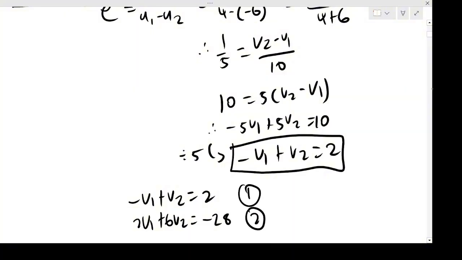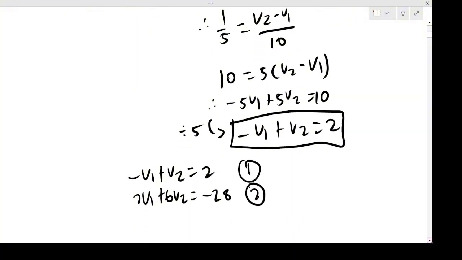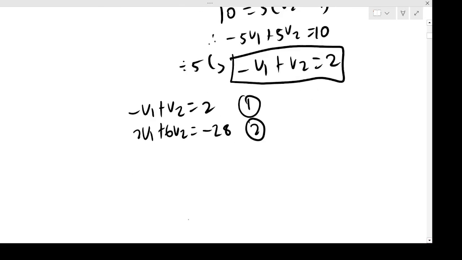So now I need to solve them simultaneously. Solve them however you like, but we need to find the speeds V1, V2. So what I can do, well actually I could double the first equation. So that'll get me minus 2V1 and 2V2 to be 4.